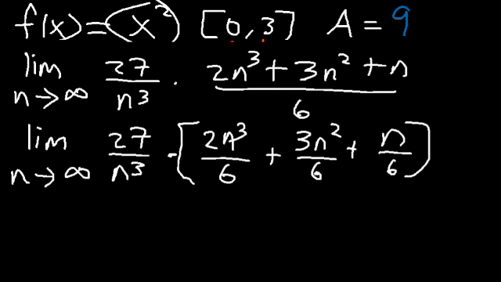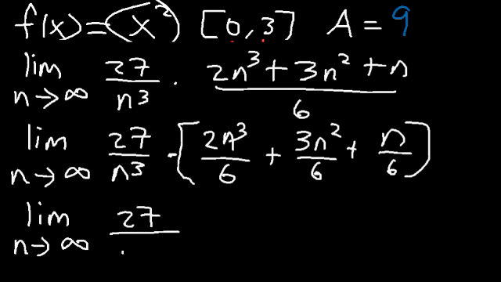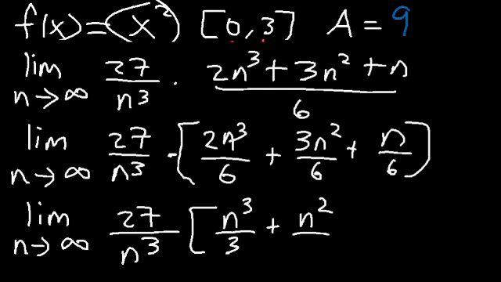Now let's reduce it. 2 over 6 reduces to 1/3. 3 over 6 reduces to 1/2. Or 6 divided by 3, if you divide it backwards, is 2. And 6 divided by 2 backwards is 3.